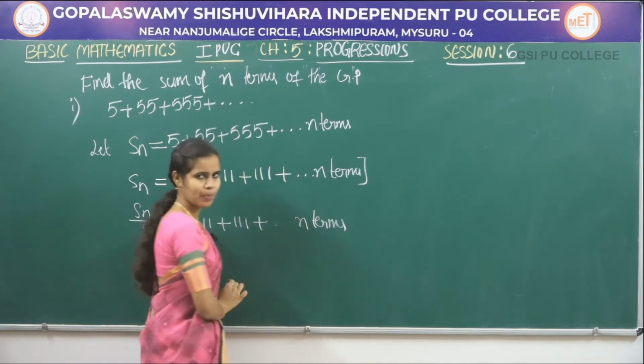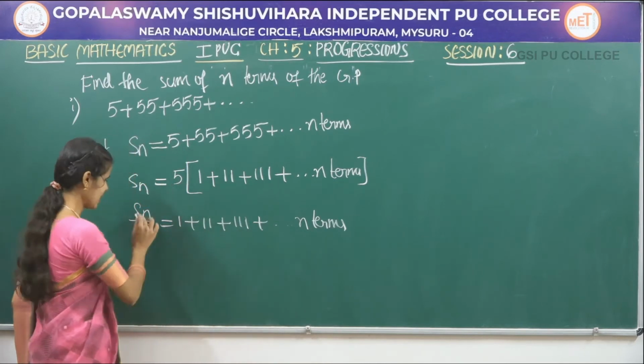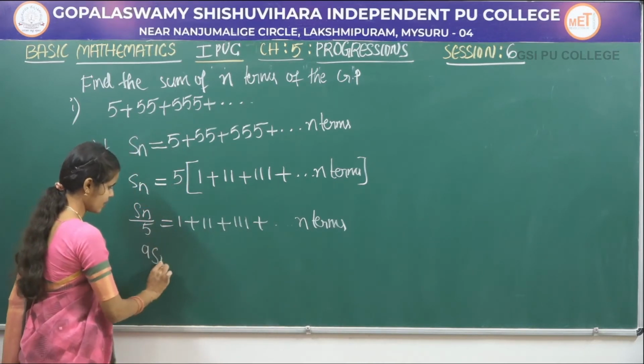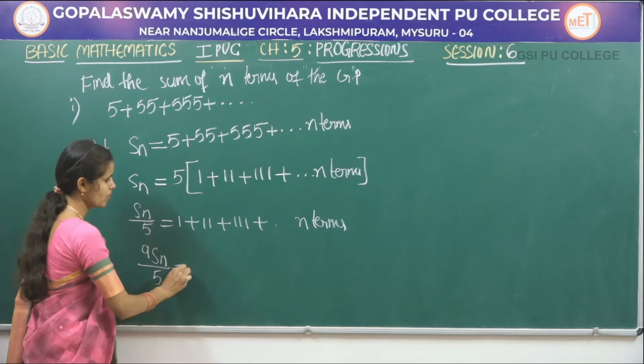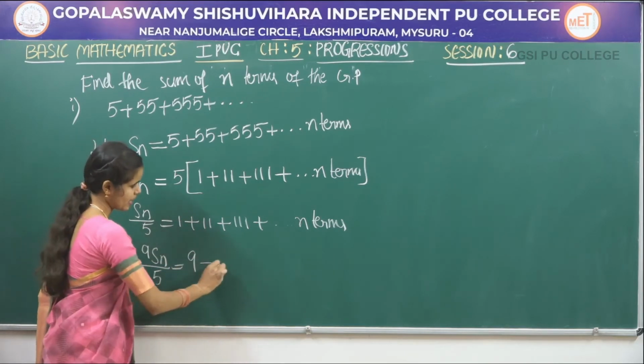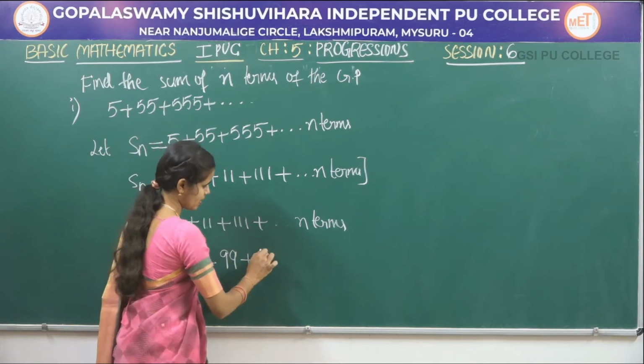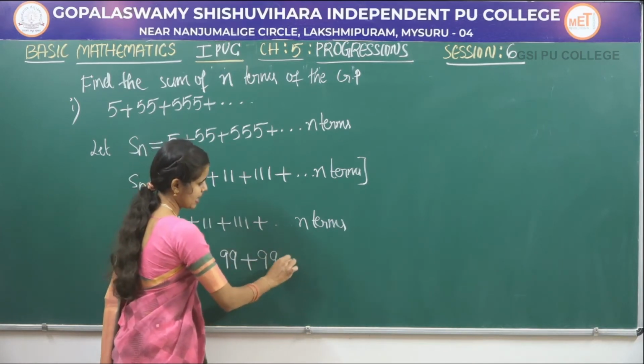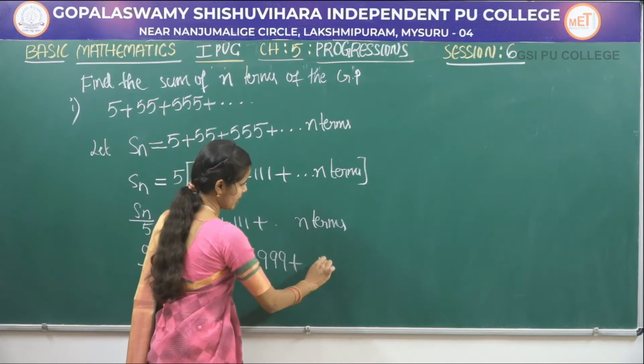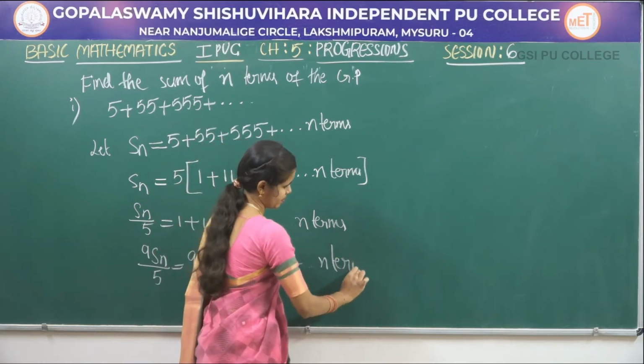Okay. Next, multiply the whole equation by 9. So 9 Sn divided by 5 is equal to 9 into 1 is 9, plus 9 into 11 is 99, plus 9 into 111 is 999, up to n terms.